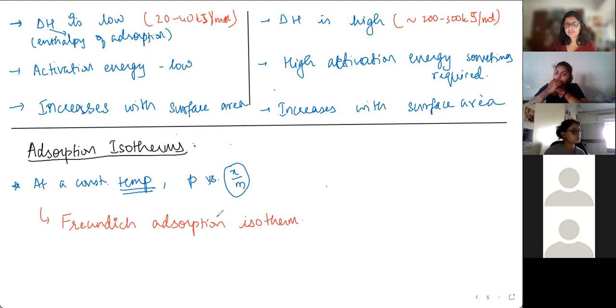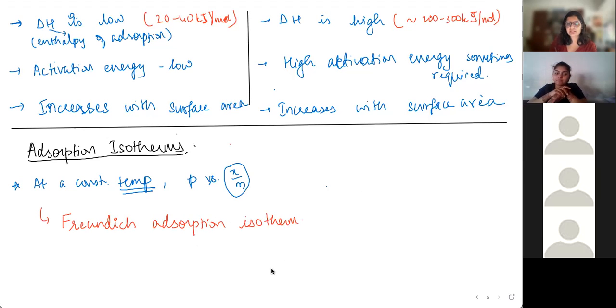Based on all the experiments of the isotherm, he worked out this particular equation: x by m is equal to k into p raised to the power 1 by n.